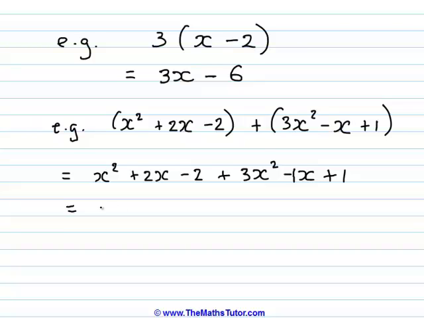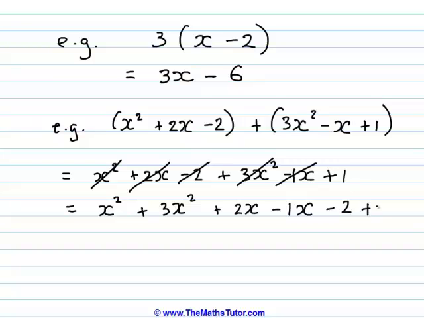So now we can group together the like terms. So firstly we'll start with the x squared terms, so x squared plus 3x squared. We can cross these off as we go along. Plus 2x minus 1x, minus 2 plus 1, which is equal to x squared plus 3x squared. Well, that's the same as 1x squared, so 1x squared plus 3x squared is 4x squared.